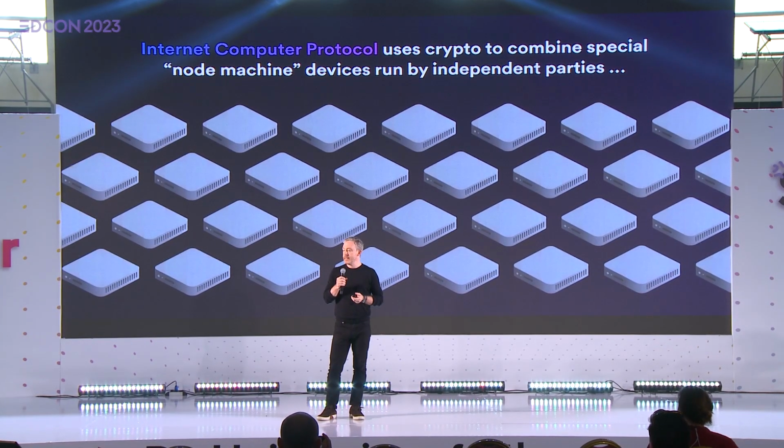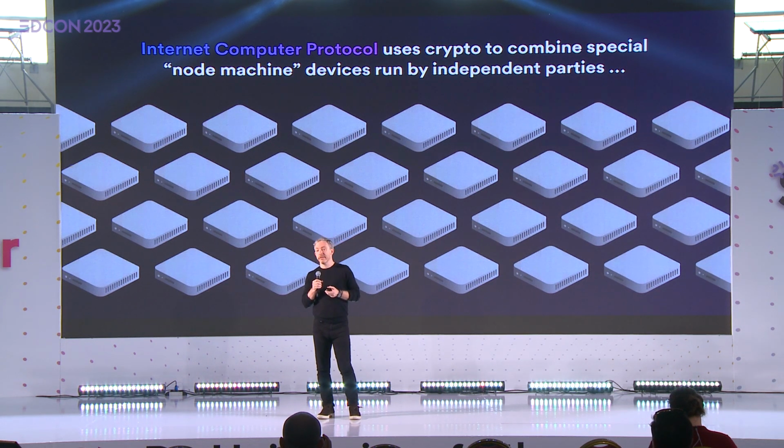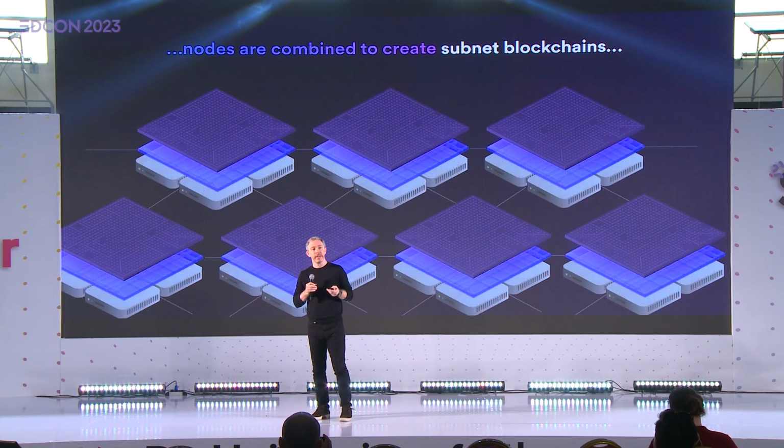So the Internet Computer isn't proof of stake. It uses something called proof of useful work, and that means that it uses crypto protocol to combine these things called node machine devices that are run by independent people and run from data centers all over the world. These nodes are combined to create subnet blockchains, and that's how the Internet Computer scales its capacity.